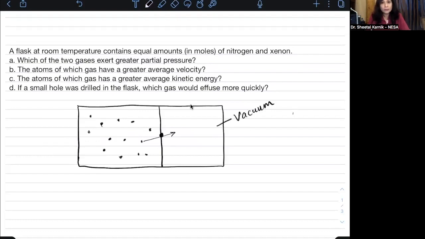This movement through this tiny hole is called effusion. And therefore, the particles which are lighter and smaller are going to have a higher effusion rate. So again, comparing nitrogen and xenon, we know that nitrogen is a lighter particle, and therefore nitrogen will effuse more quickly.